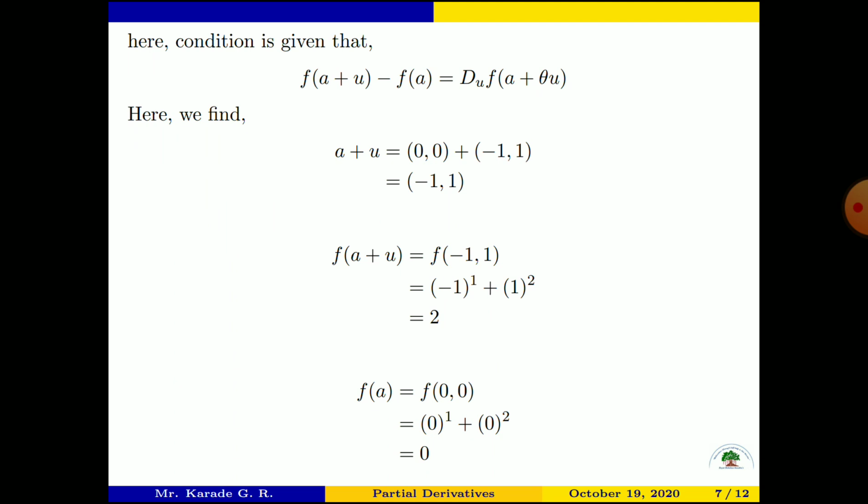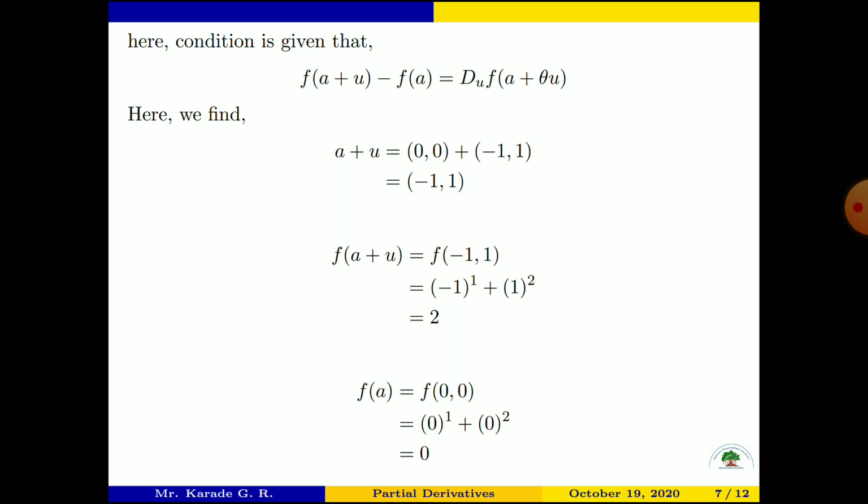So first of all we find what a plus u is. A is the point 0, 0, plus u is the vector minus 1, 1. If we add these two vectors, we get minus 1, 1. So a plus u is equal to minus 1, 1. We will use this in the next slide.